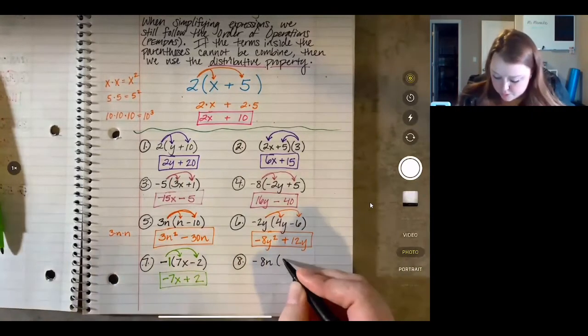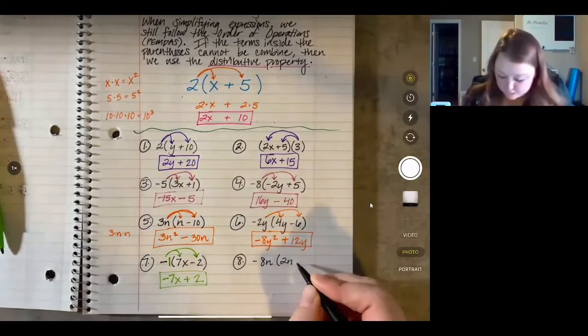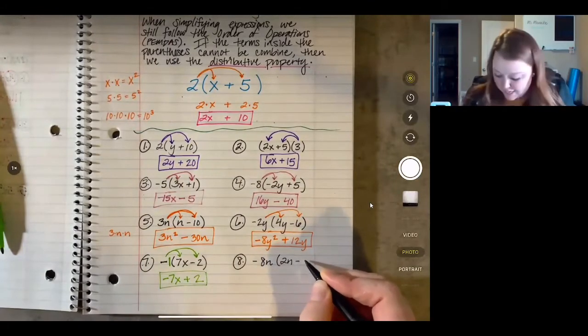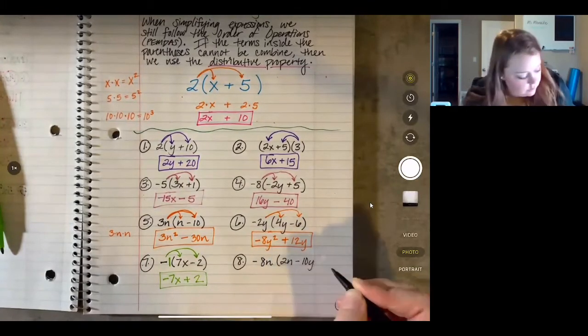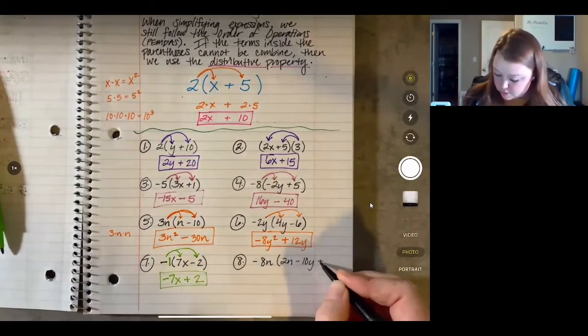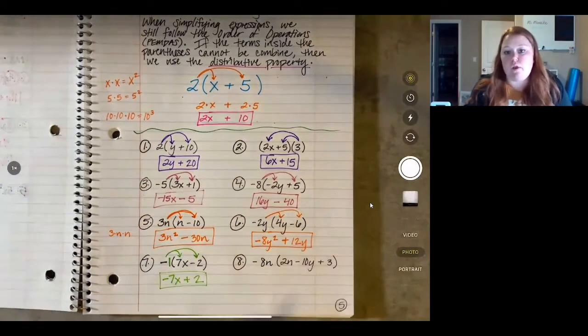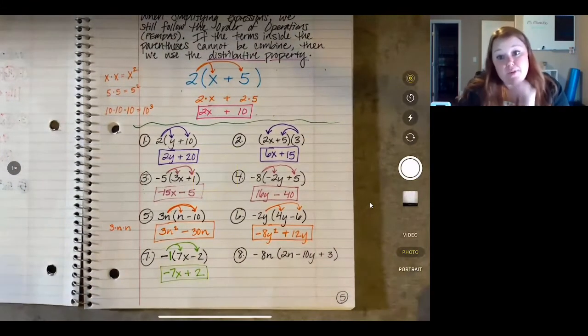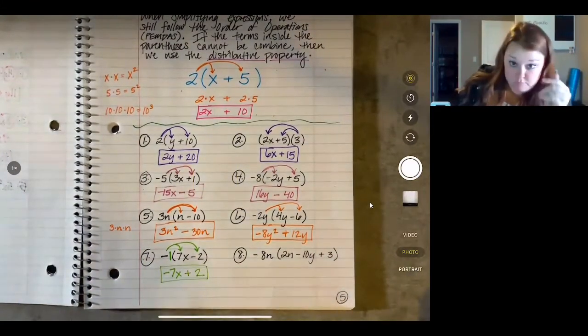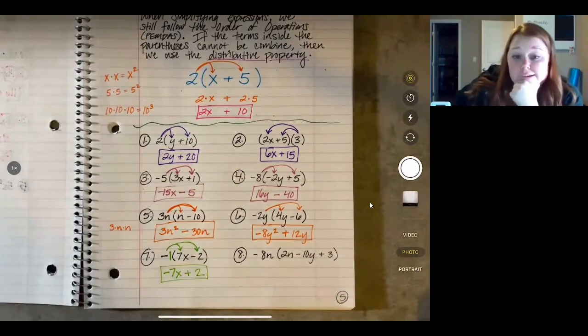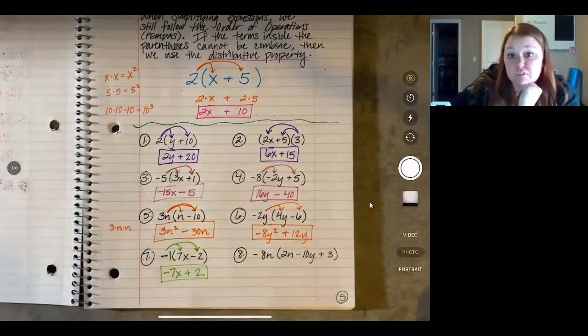We're gonna have a 2n minus 10y plus 3. Now, if you want to try it out without me, go ahead, pause it, and then play it when you're ready to check. But I'm going to kind of talk you through this one.